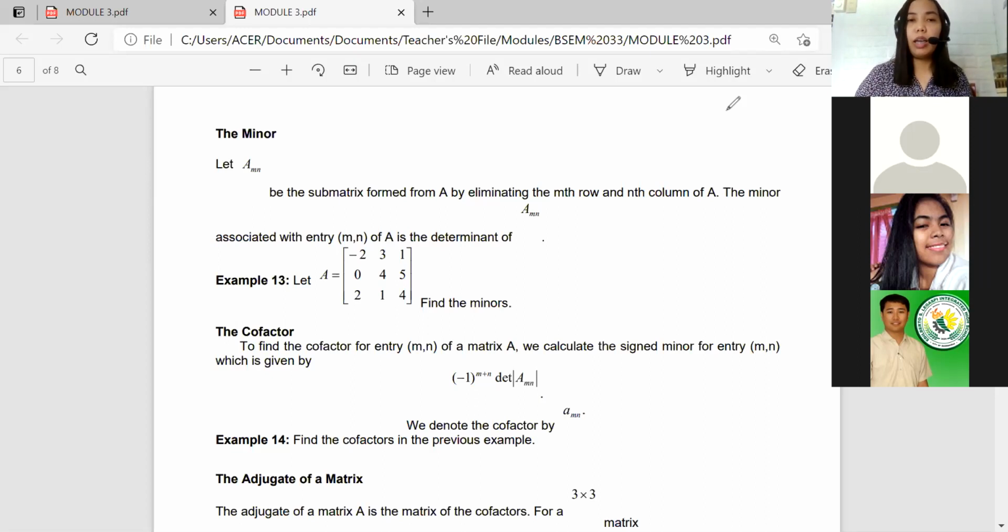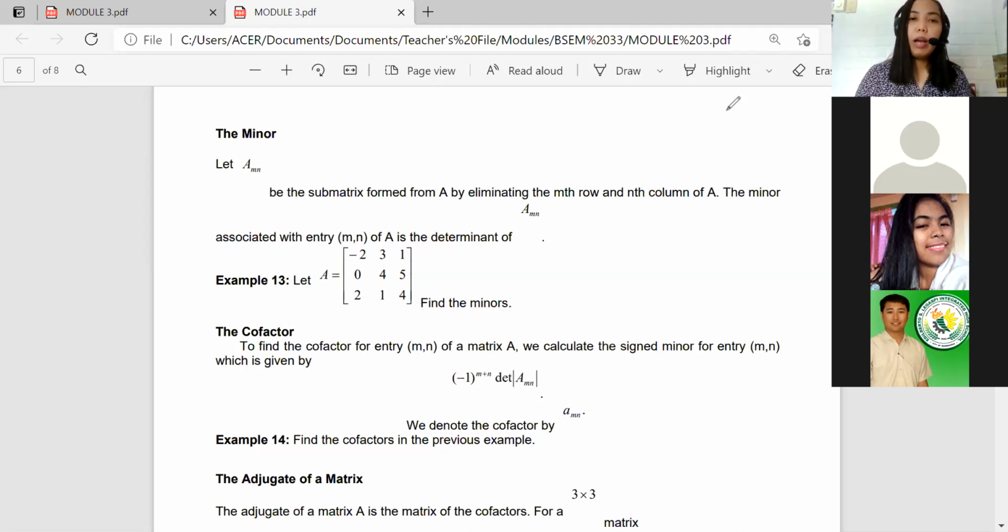Halimbawa, minor ng A sub 1,1. Yung natitira sa loob, yung determinant na 2 by 2, ang tawag doon minor. Minor of A sub 1,1, ibig sabihin row 1, column 1. So negative 2, delete yung nasa right, below. 4, 5, 1, 4. Yung value nito na makukuha dyan, ang tawag dyan ay minor.